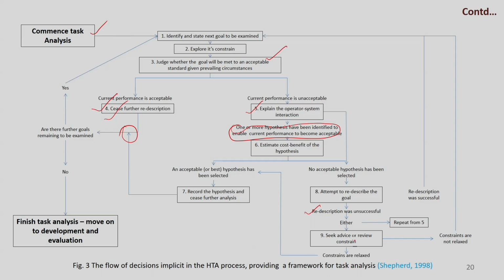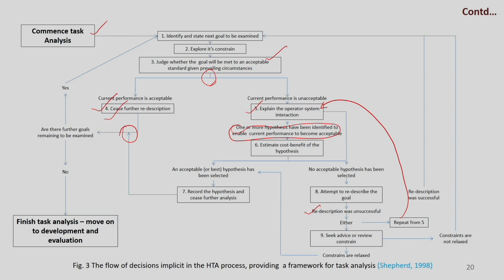Once you redefine it, then repeat from step 5. Because here you found that there is a problem, it is not acceptable, so you can go back from here and redefine. If you find the hypothesis is successful this time, then you go back and cease. But still, if it is not, seek advice or review of the constraints.